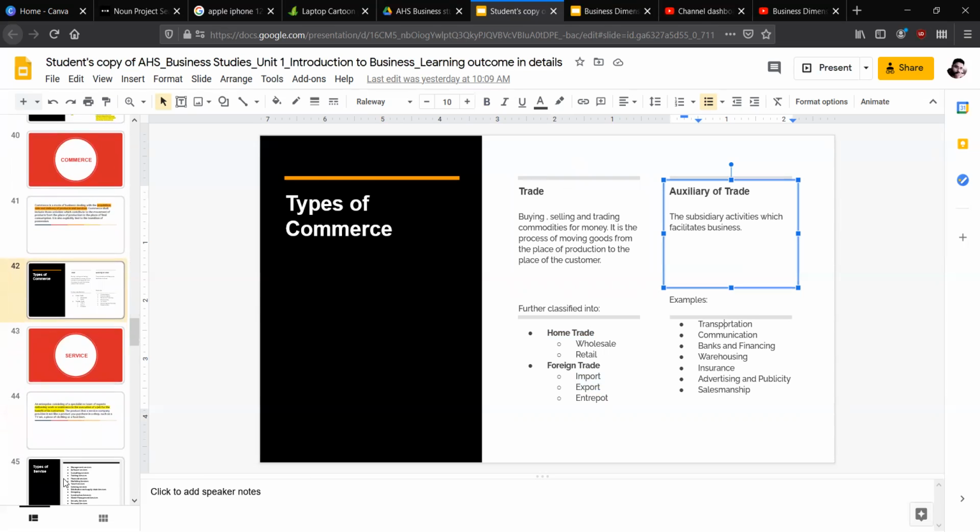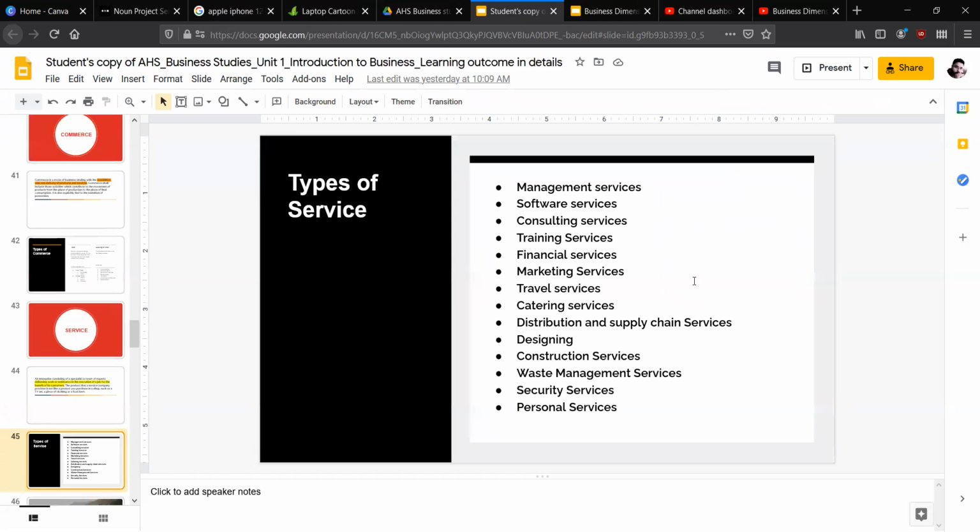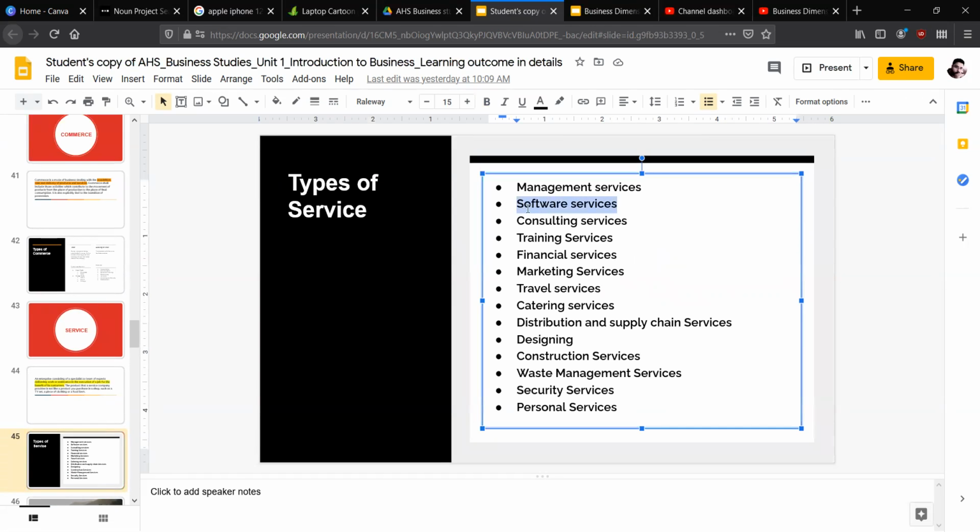And finally, what are the services being provided? For example, could be software services. For example, iTunes. So iTunes is free for Apple iPhone, or you have after-sales services. Something goes wrong, you call the customer care and you get your iPhone repaired.